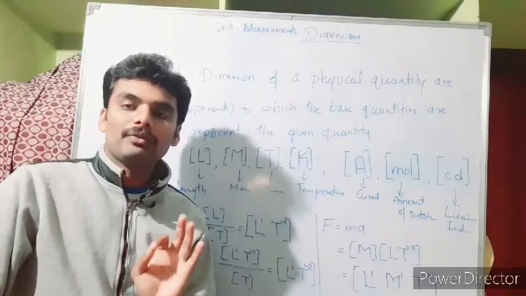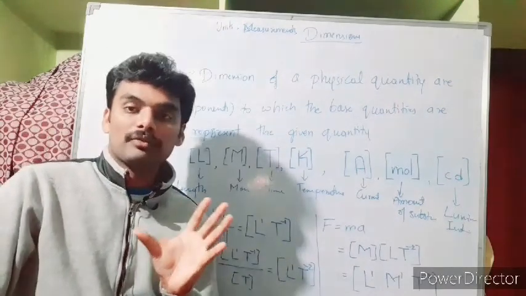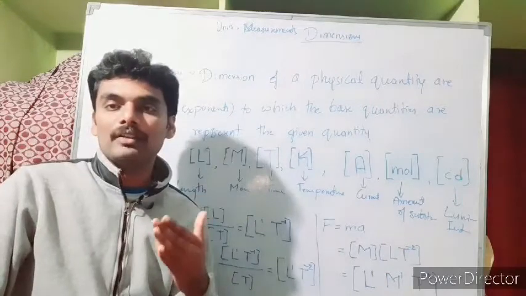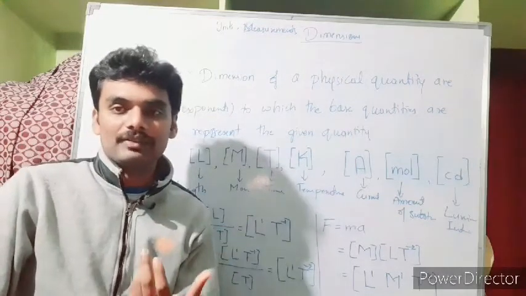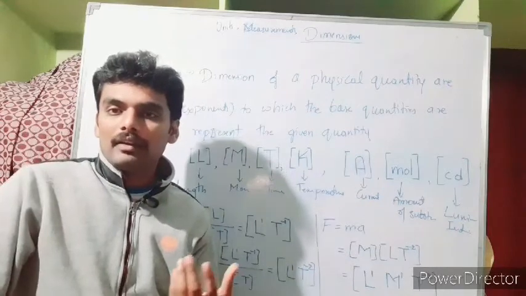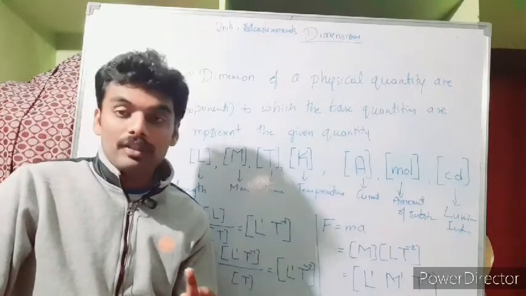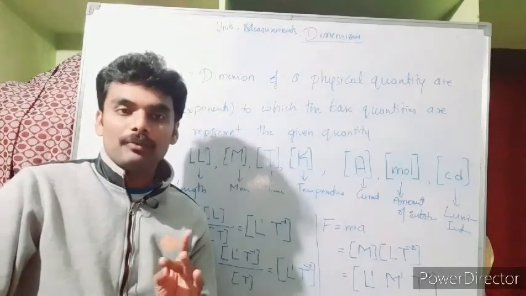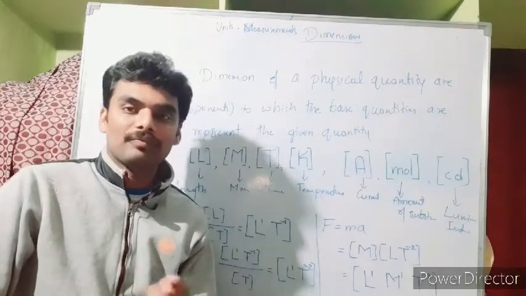The numerical value gives how much the quantity is, how much it measured, and the unit shows which quantity it is, isn't it?